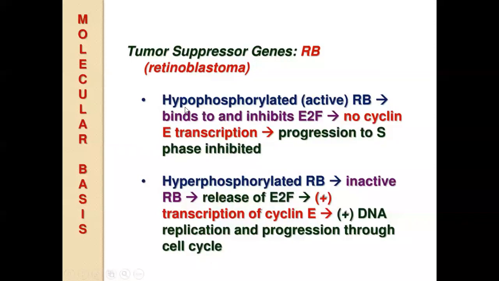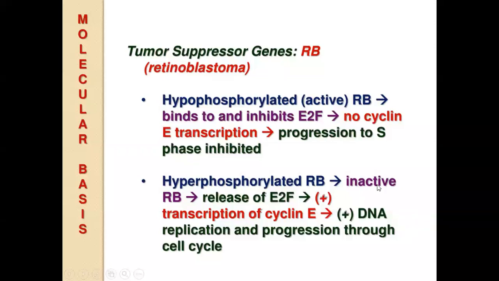So hypophosphorylated active RB binds to and inhibits E2F. There is no cyclin E transcription, so progression to S phase is inhibited.